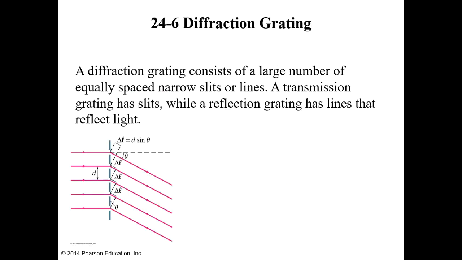Here's another interesting diffraction experiment that we can do. This is called a diffraction grating. A diffraction grating consists of a large number of equally spaced narrow slits or lines. So we saw a single slit, we have seen the double slit, and now we're seeing multiple slits. And it turns out this creates quite an interesting effect.